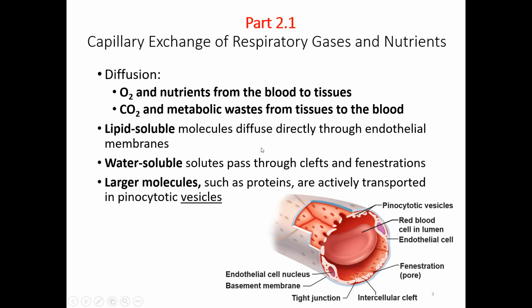Lipid-soluble molecules usually can diffuse easily through the endothelial membranes. So those are endothelial cells, and through their membranes, lipid-soluble molecules can go from the blood to the cells and from the cells to the blood. What about water-soluble molecules?